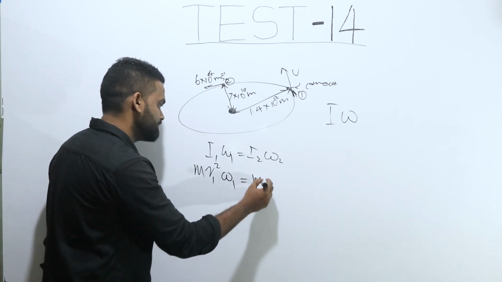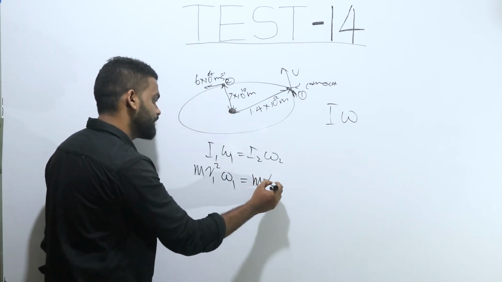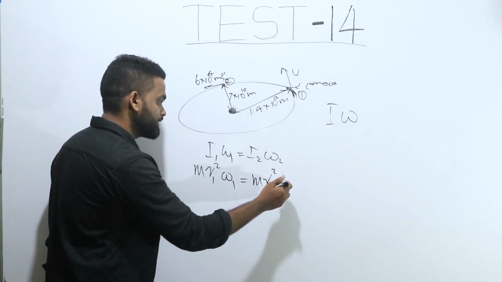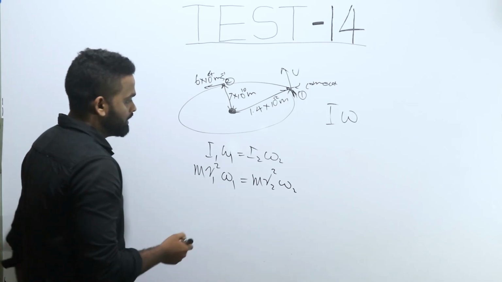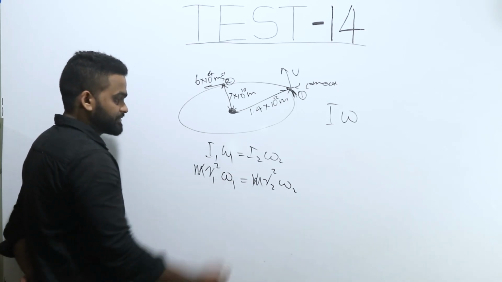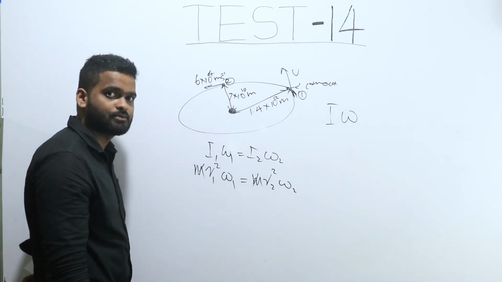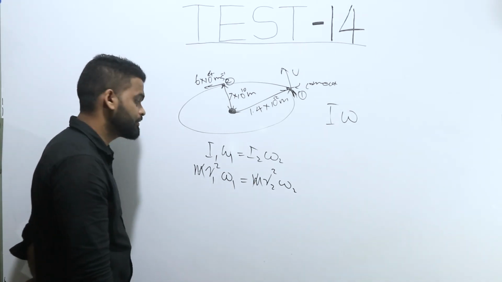For I2, I'll take m times R2 squared, times omega 2. M cancels off. Same comet, the mass does not change. We have to assume that the mass does not change.